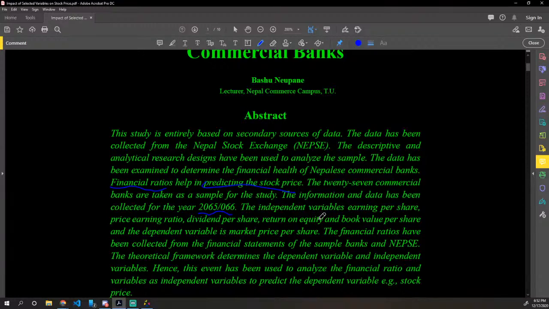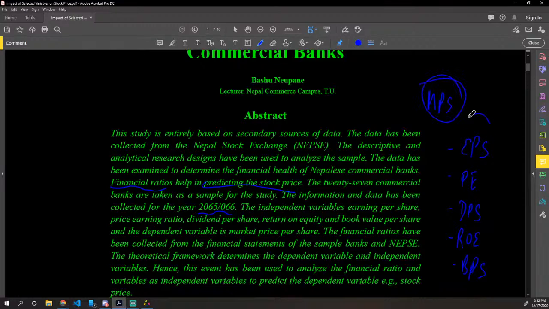The independent variables are EPS, price to earning ratio (PE), dividend per share, return on equity, book value per share, and the dependent variable is MPS, market price per share.